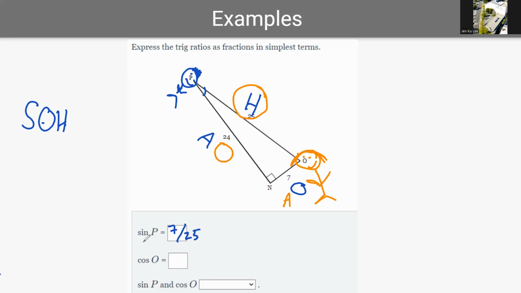I have to get the cosine of angle O. So cosine is CAH. And the only way I can spell cosine is like that. So CAH TOA. Right? So it's going to be 7 over 25 again.